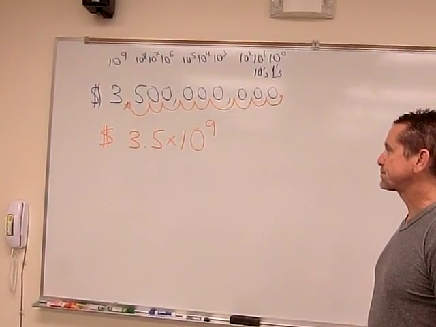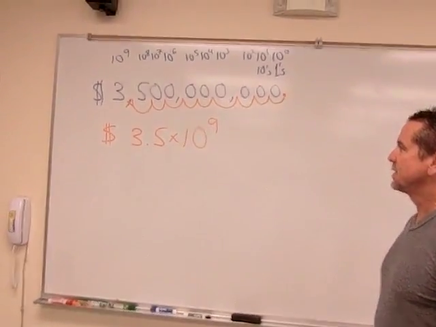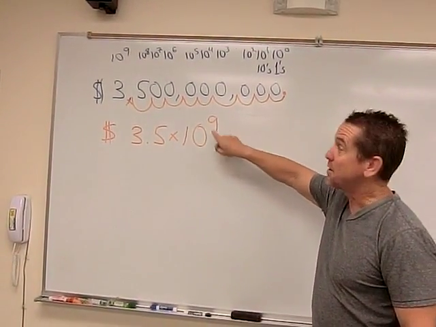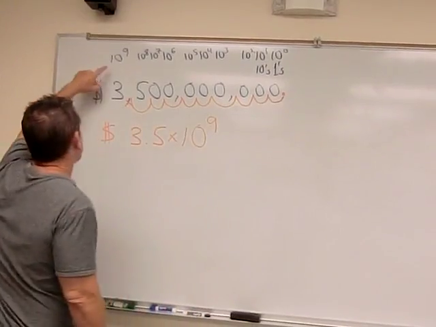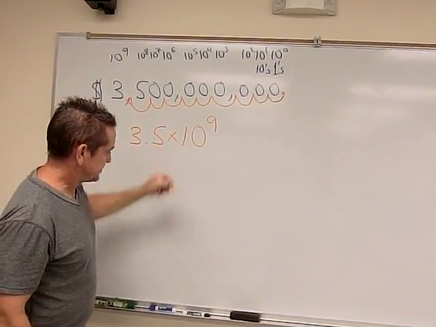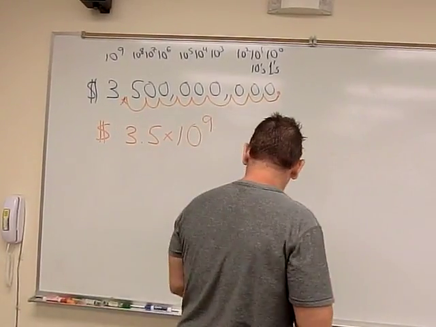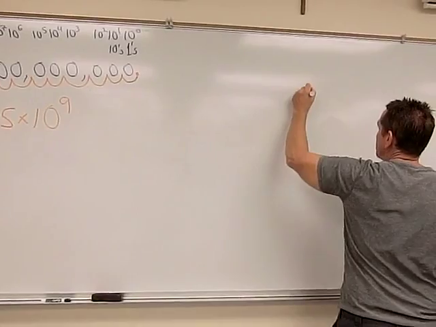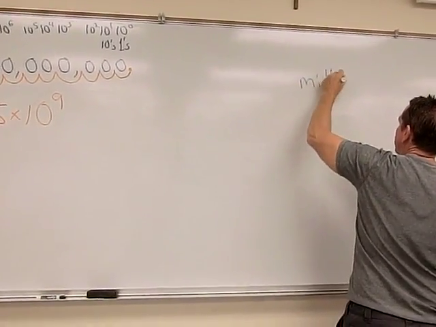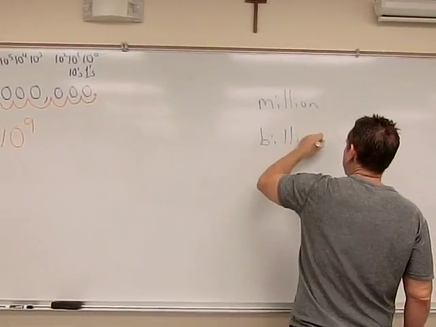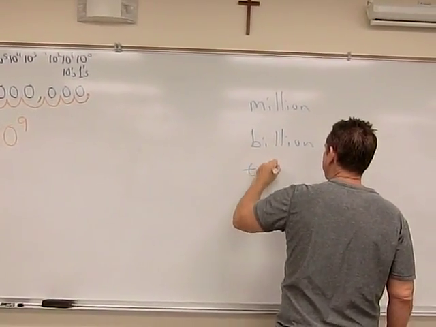Okay? And if you get used to it, I think you can see that this is quicker to write. And it means the same thing. And you can kind of believe it means the same thing because maybe we should write these guys down. So I'm going to write down million, billion, trillion.